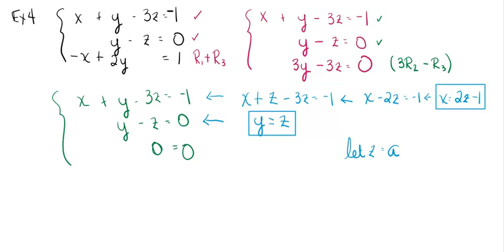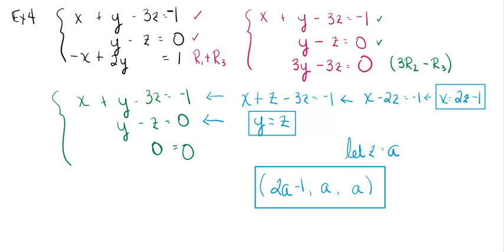So if my z is equal to any number, then my ordered triple will be, my x element will be 2 times any number I choose for z minus 1. My y is equal to z, so it will be a, and my z will be a. So that is my ordered triple right here.